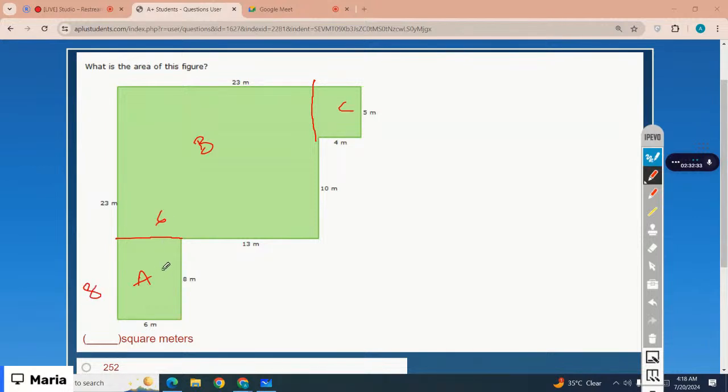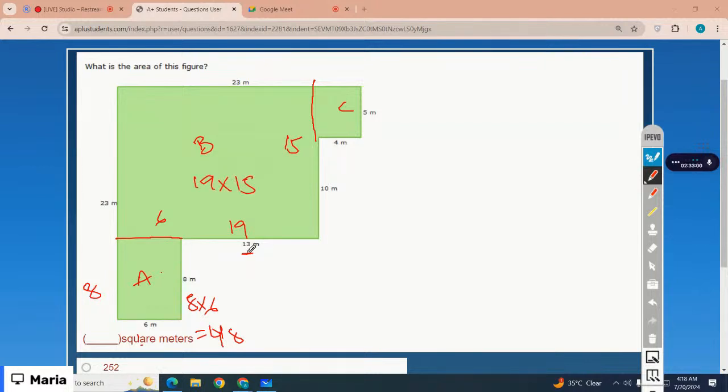So for this one, 8 times 6, that is 48, right? For this one, this is 13 and 6. 13 plus 6, this side is 19. This is 10 and 5, 15, this length, right? You have to do 19 times 15.